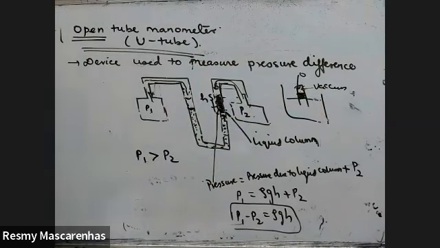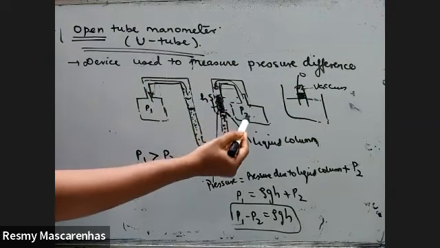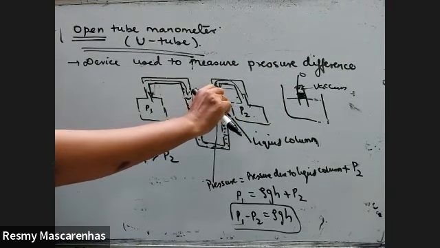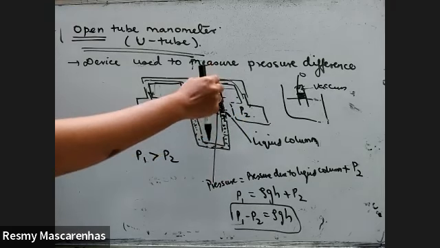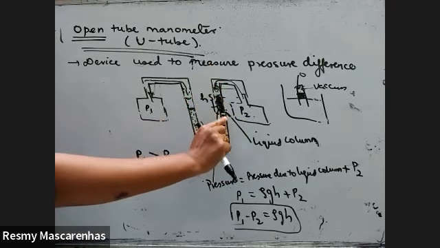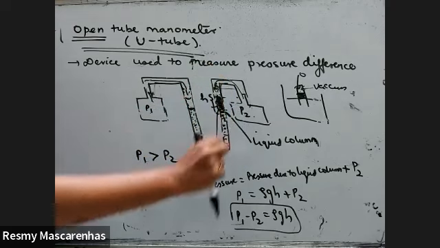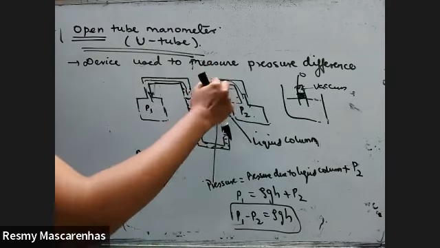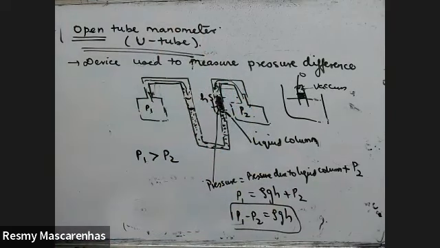But now this is not a vacuum. There is some pressure, P2, coming on here. So the upward pressure equals this plus this. So P1 equals the pressure due to the liquid column plus this total pressure, and that's how you get P1 minus P2.